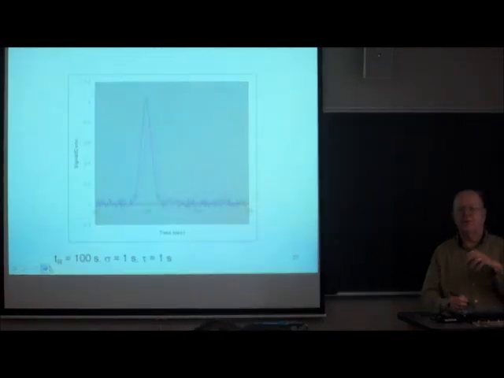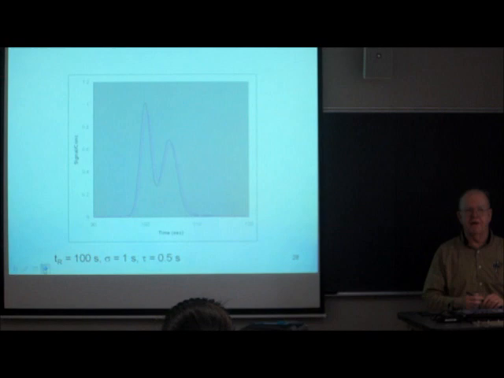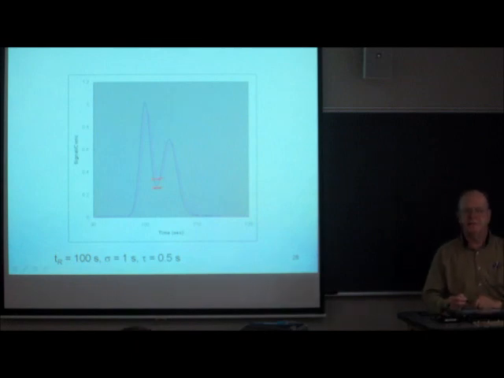If I increase the time constant, there's a price of having more distortion of my signal. And let's suppose I have two peaks that are close together. You can see that this valley here is deeper than that valley there.